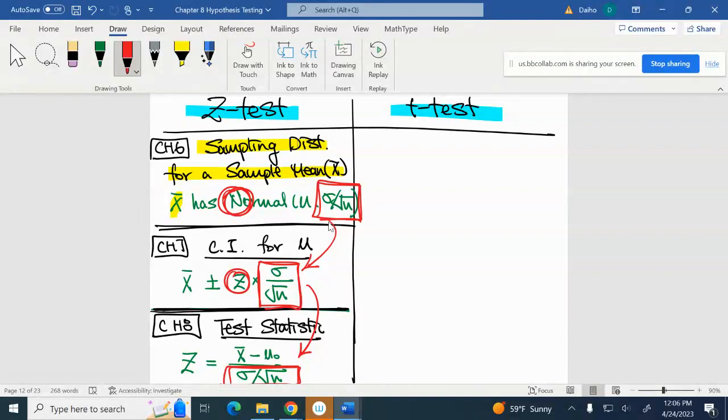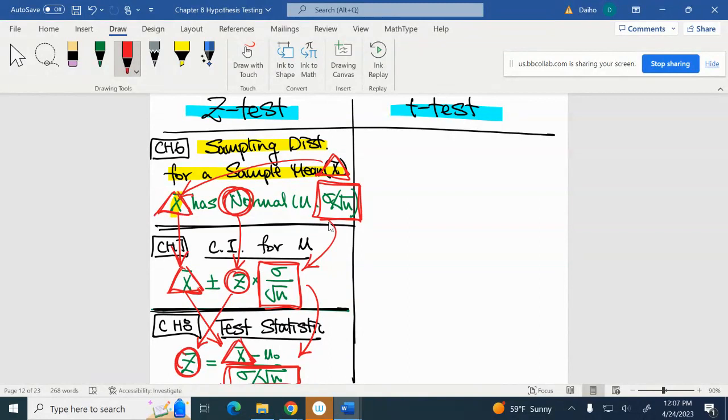The standard normal distribution, and Z. It's good, right? X bar, X bar, and X bar. Simply, the confidence interval and the test statistic were from the normal distribution. We rearrange, modify, and get the confidence interval and the test statistic, right?